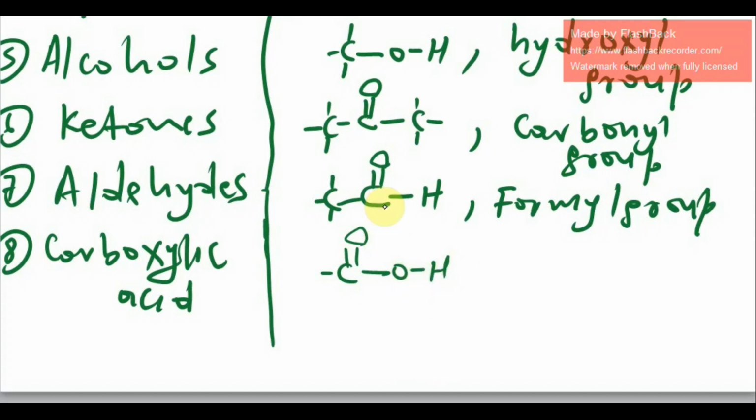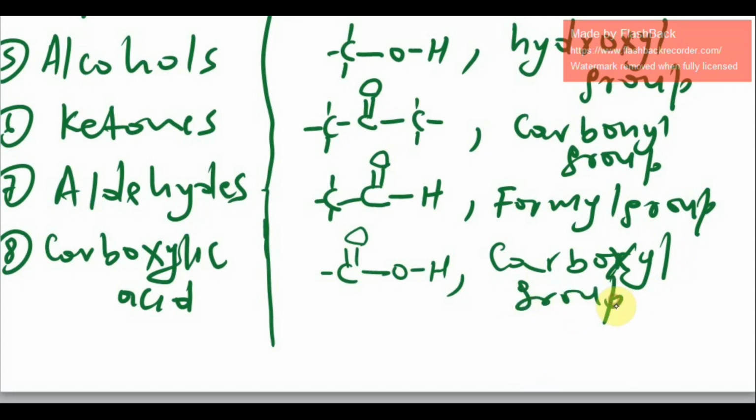There is a difference between ketone and aldehyde versus carboxylic acid. A carboxylic acid has a carbon with the double bond O and also OH. This is known as the carboxyl group. That is the functional group of carboxylic acid.